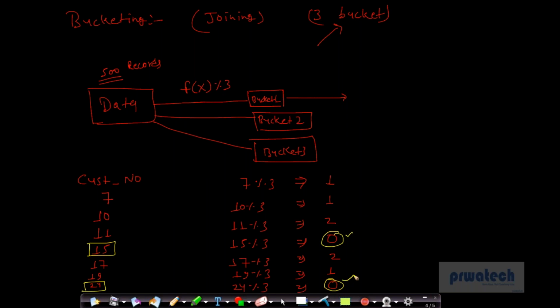Remainder 0 will go to bucket number 1. This will go to bucket 1, this will go to bucket 2, this will also go to bucket 2. This is for bucket 3, and this is for bucket 3, right? So 15 and 24 will be stored in your bucket number 1.